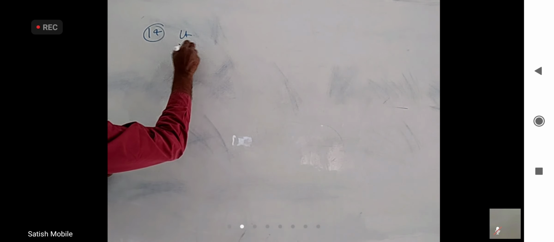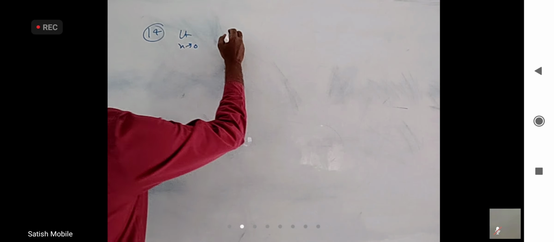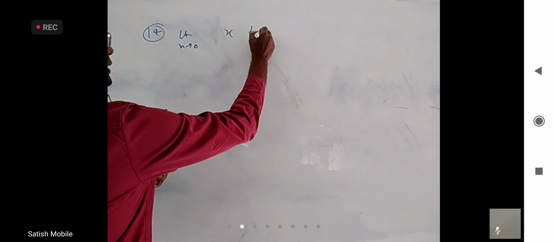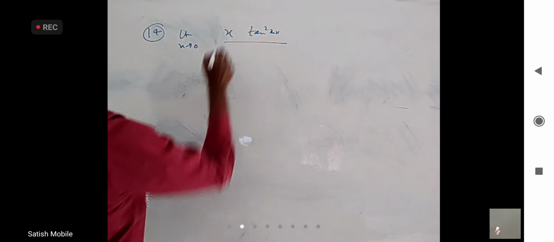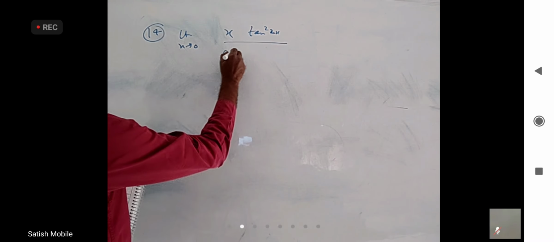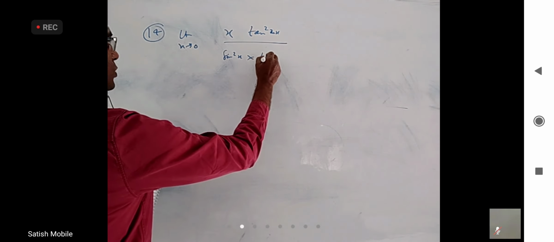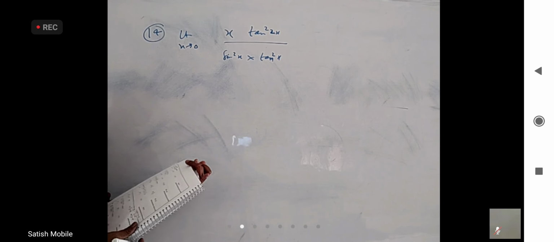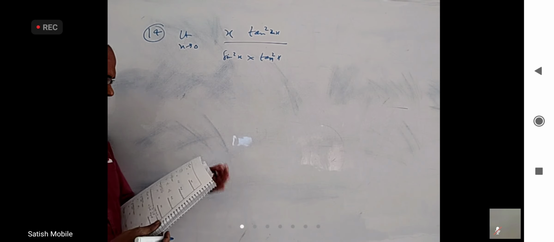Limit x tends to 0, the x in the denominator with cot square x, take it up, it will become tan square 2x. And the top cot square x, bring it down, it will become sin square x into tan square x. Now it is very easy, the answer is 0 actually. Why?